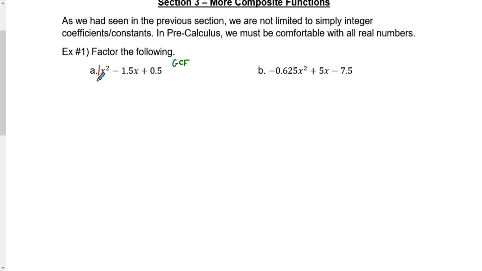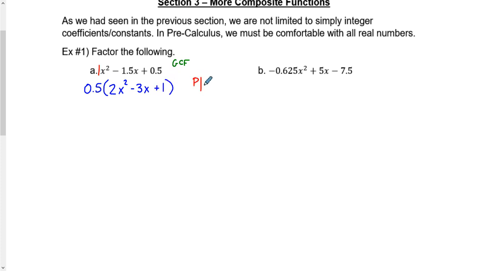This one actually is the 0.5. It's our lowest number. When we factor out a 0.5, 1 divided by 0.5 is 2. 1.5 divided by 0.5 is 3. And 0.5 factored out of 0.5 is 1.